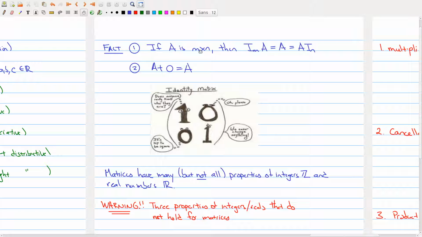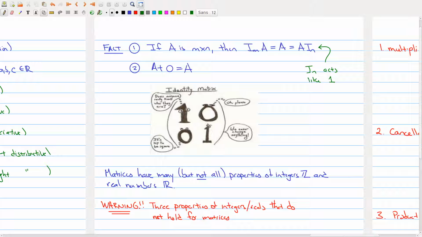What you should be taking away here is that I_N acts like the number 1 in terms of matrices, because this is a property that the number 1 has. 1 times any number gives you back that number you started with.